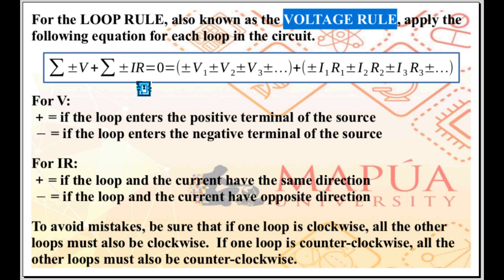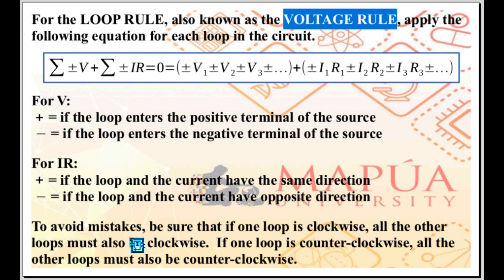For IR, use plus if the loop and the current have the same direction. On the other hand, use minus if the loop and the current have opposite directions. Whether you are looking at V or IR, it's important to take note of the direction of the loop itself.